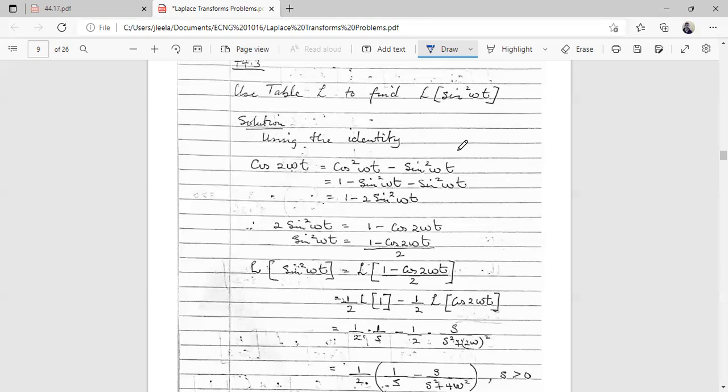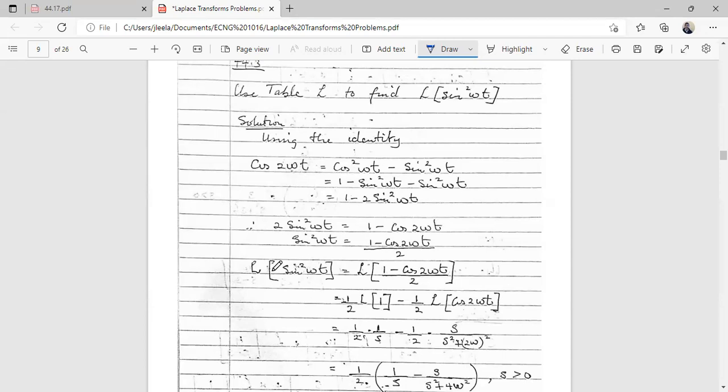So 2 sine squared ωt would be 1 minus cos 2ωt. So sine squared ωt, we could use the trigonometric substitution (1 minus cos 2ωt) over 2. This is much easier to deal with because there is no power on the trig function.